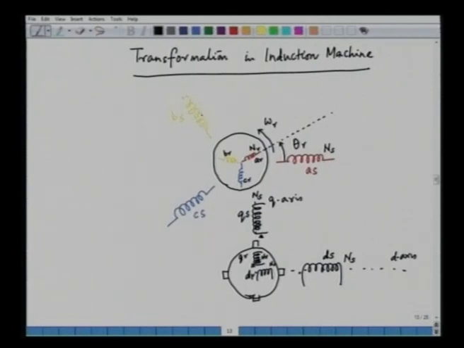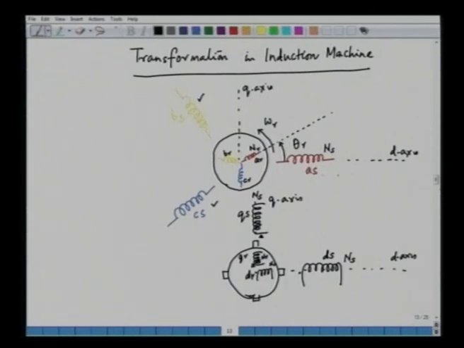So, we can resolve this MMF produced by B phase and C phase onto this D axis here. This is also the D axis, and this axis is the Q axis. We have defined these two axes and we are talking about stationary DQ axis. This DQ axis is stationary in space, it is not moving, it is stationary with the stator.